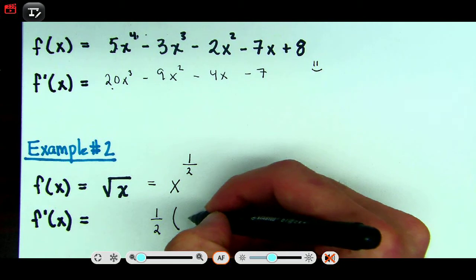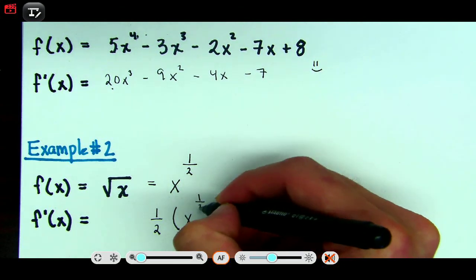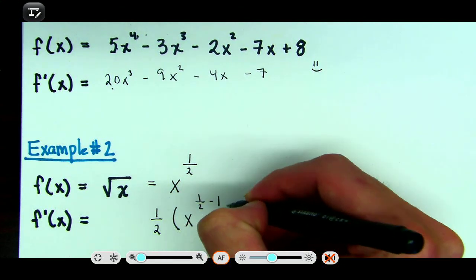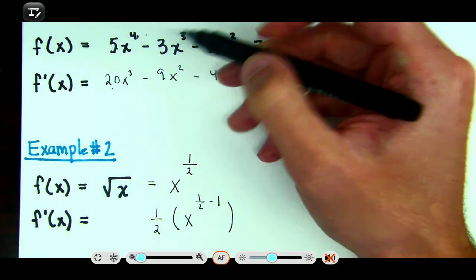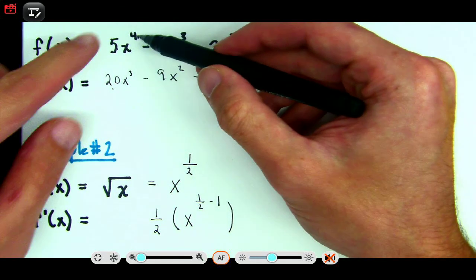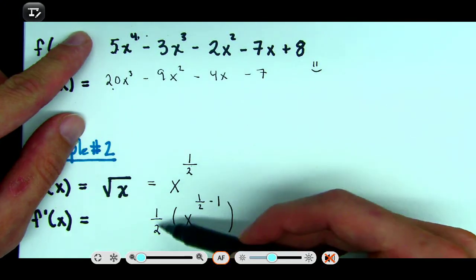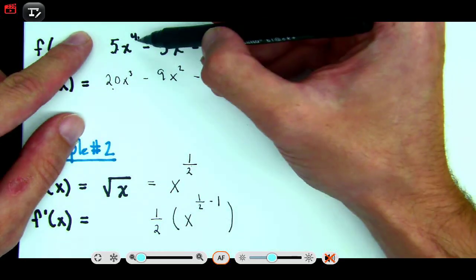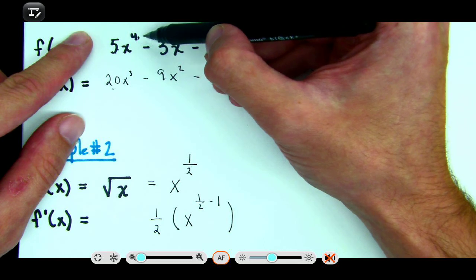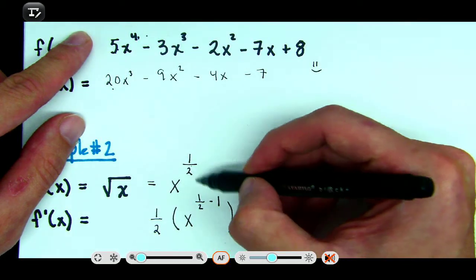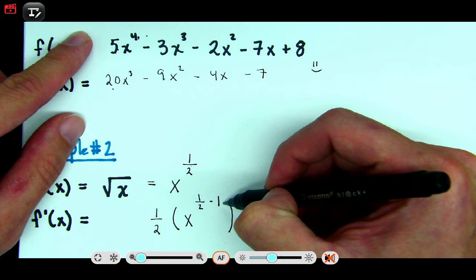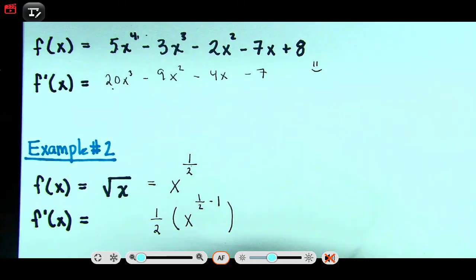It's going to be x to the 1/2 minus 1. Just like we did over here. Just like how we did 4 times 5 was 20, here we did 1/2 times 1 is 1/2. And the same way we did 4 minus 1 is 3, we're just going to take 1/2 minus 1. And that's how we continue here to find the derivative.